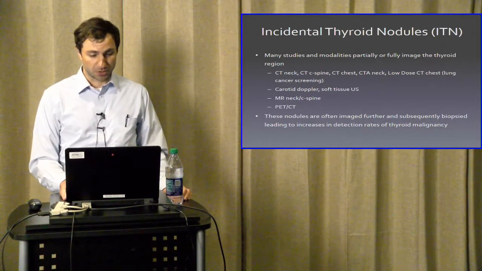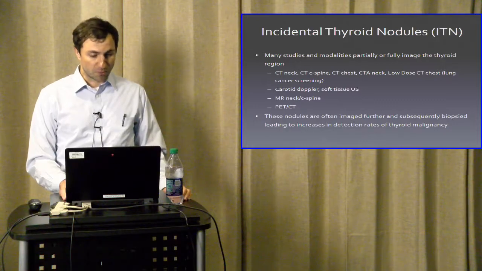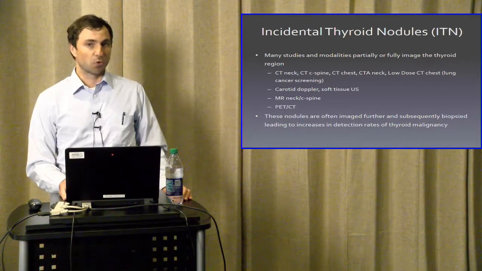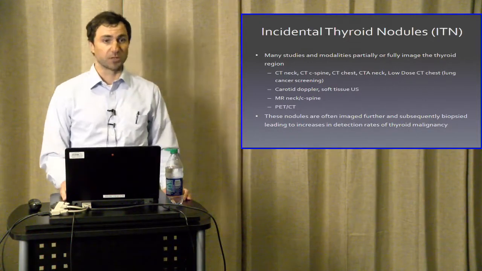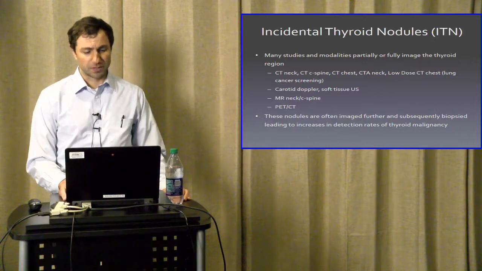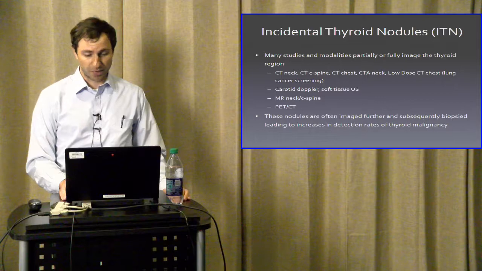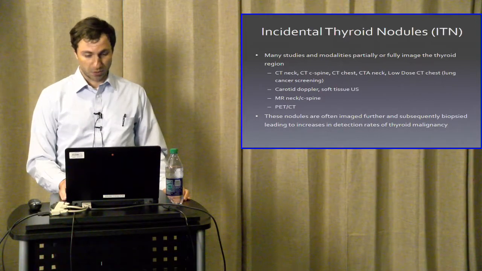PET-CT, we obviously image the thyroid and can evaluate the metabolic uptake within the thyroid. So we're finding more of these nodules because we're imaging the thyroid so often, and basically it's leading to more patients being introduced to thyroid nodule workup and subsequent biopsy.